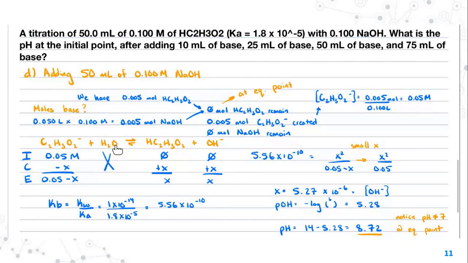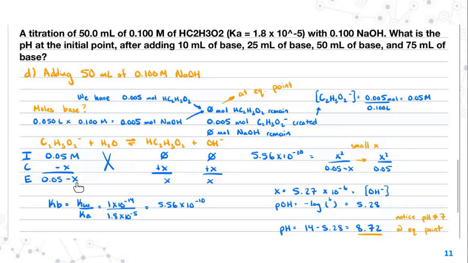So it forms the acid again, but by doing so, it produces OH minus as a byproduct. This is why it's considered a base. We plug in our molarity that we got earlier into this ICE table, and then we have the equilibrium expressions.